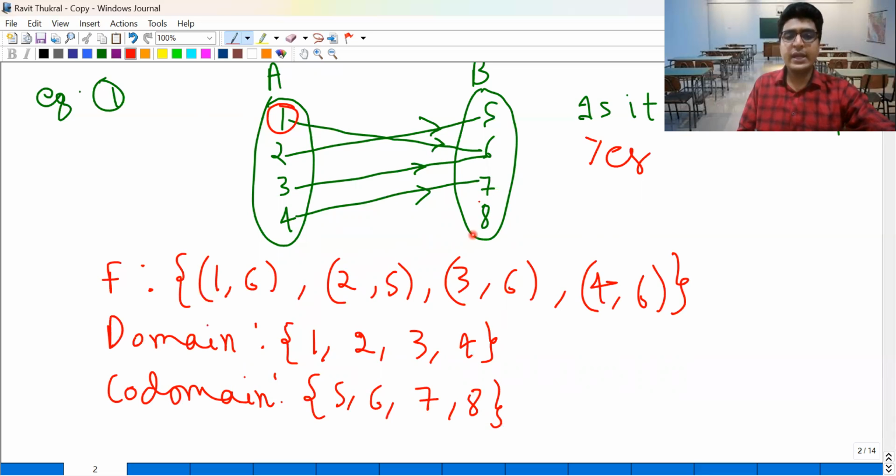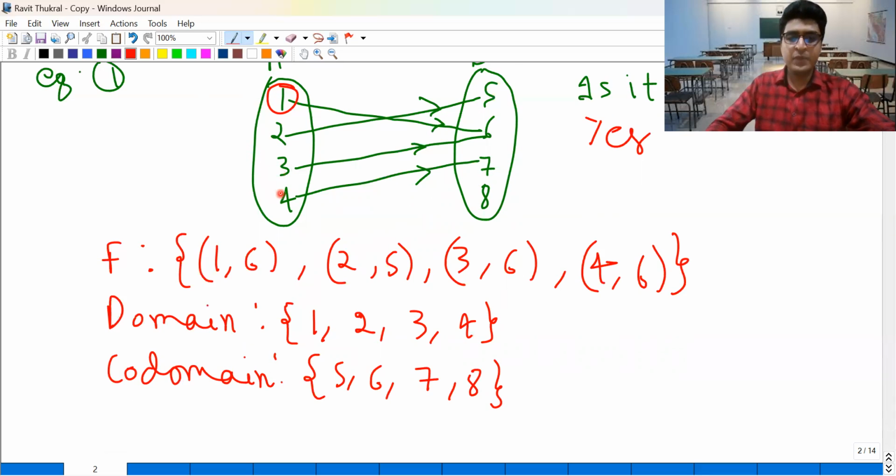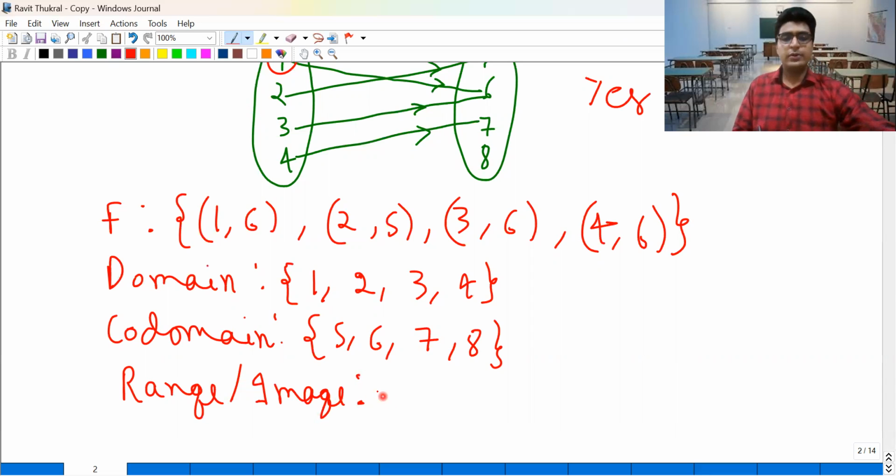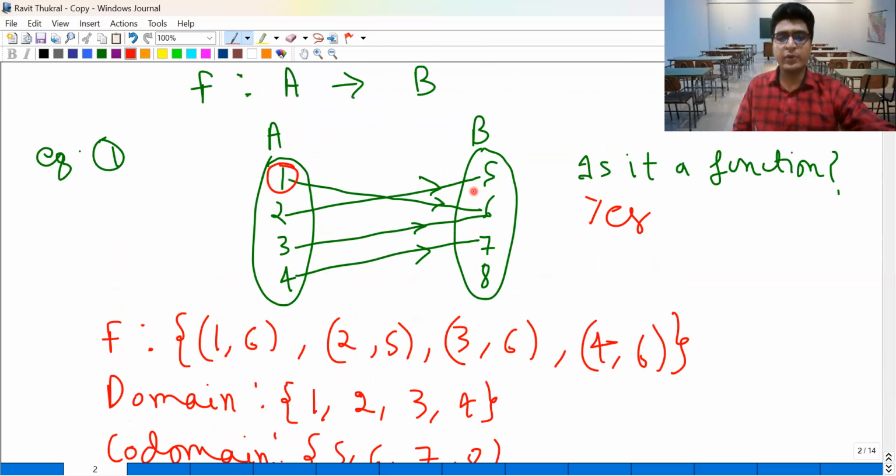But notice that 8 is actually not associated to any of the elements in the domain. Okay, so the thing is, there is something called range, or we can also call it image. So image is the set of actual outputs. Codomain is the set of all possible outputs.